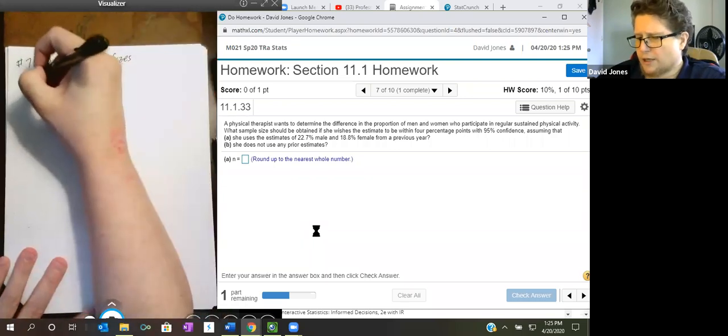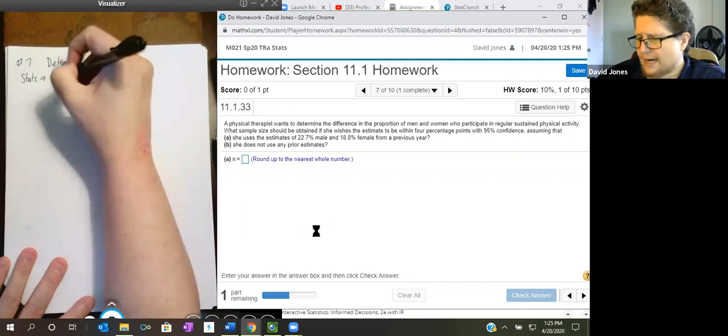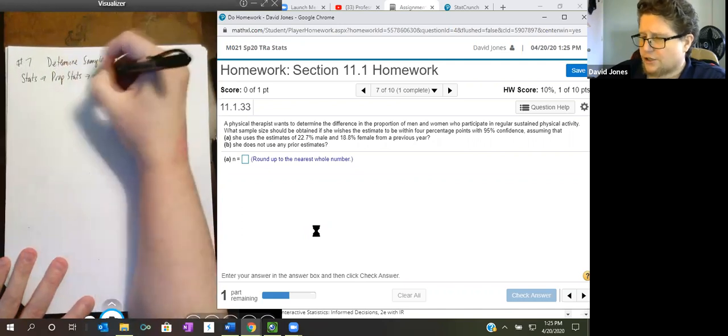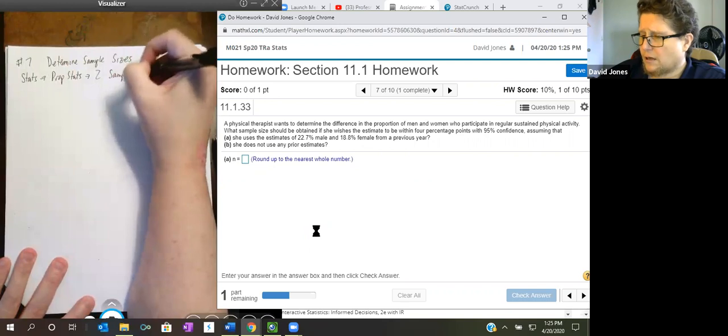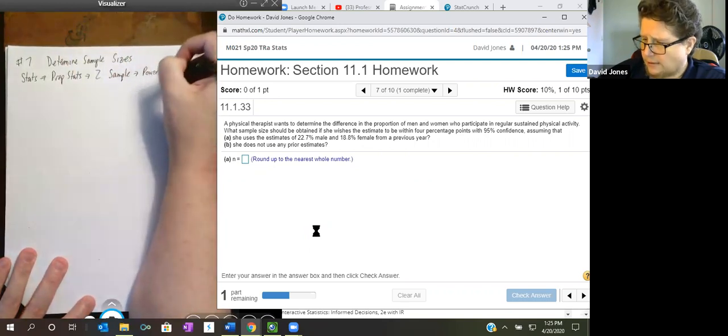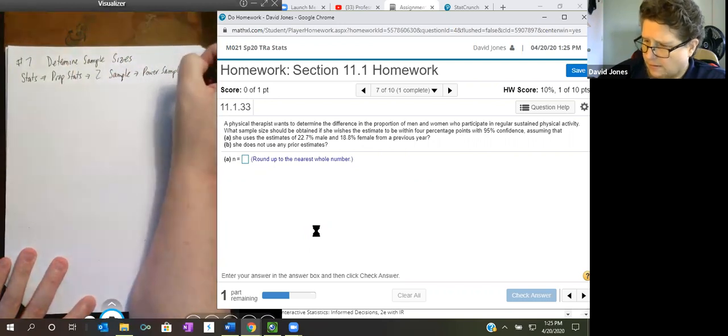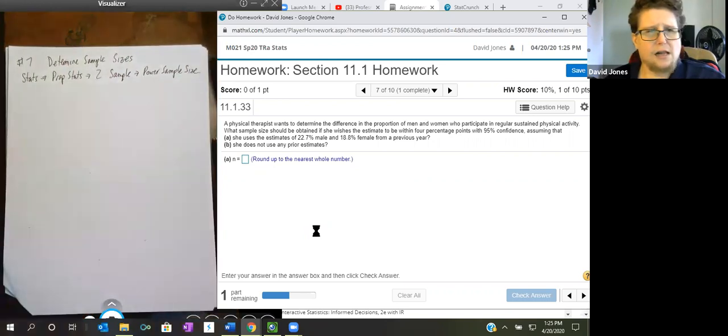For this problem, we want to use Stats, Proportion Stats, Two Sample, Power/Sample Size. If we read through the problem, let's read it. A physical therapist wants to determine the difference in the proportion of men and women who participate in regular sustained physical activity. What sample size should be obtained if she wants the estimate to be within 4 percentage points?